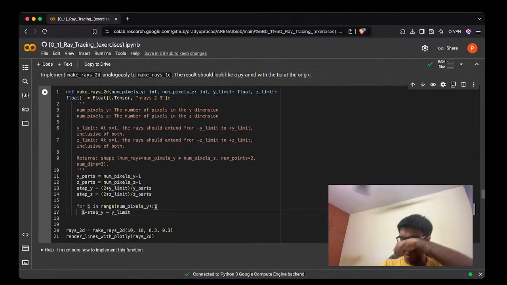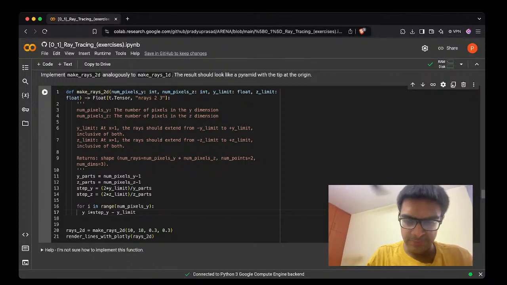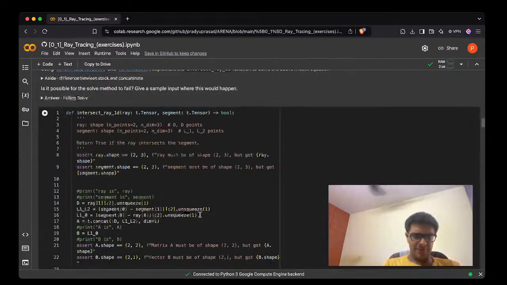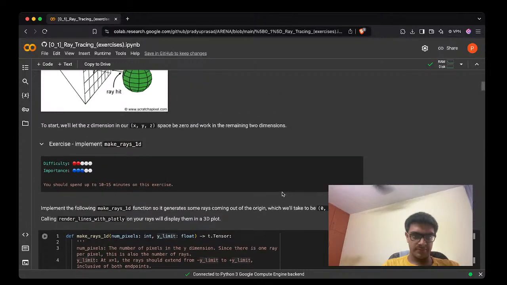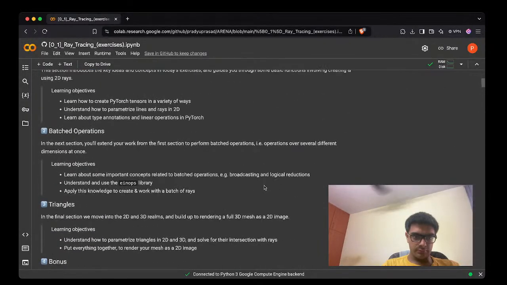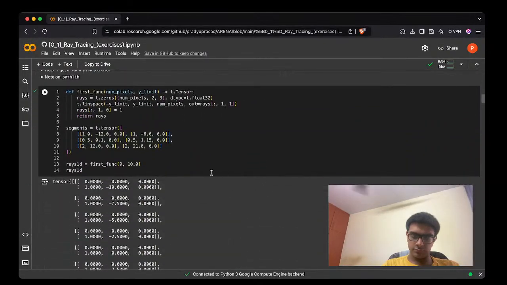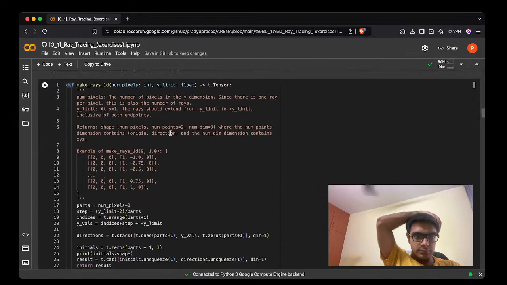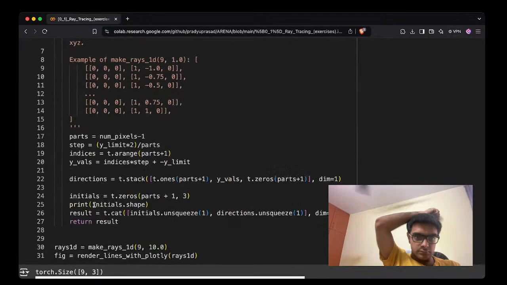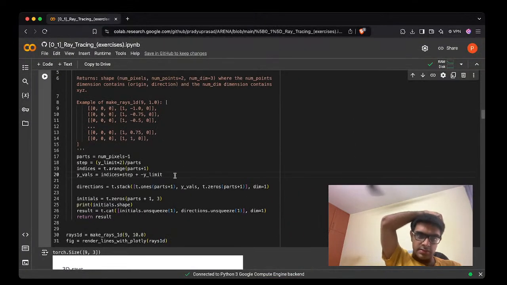So yeah, this is it. This is our y value. Last time we did something. Did we get our x values to be different or something? I forgot how this works. T dot ones, parts plus 1.